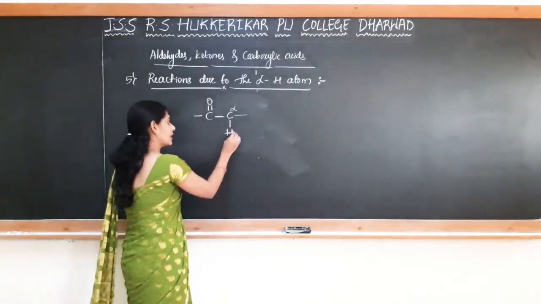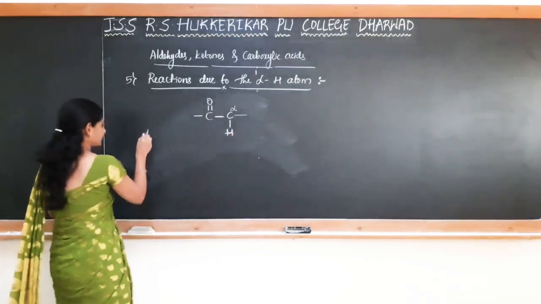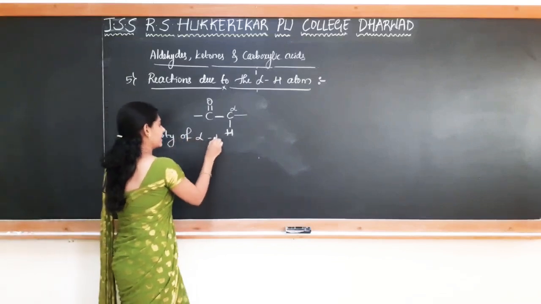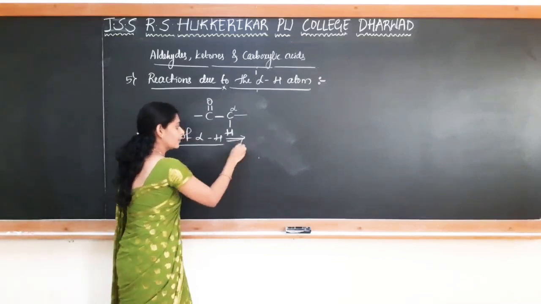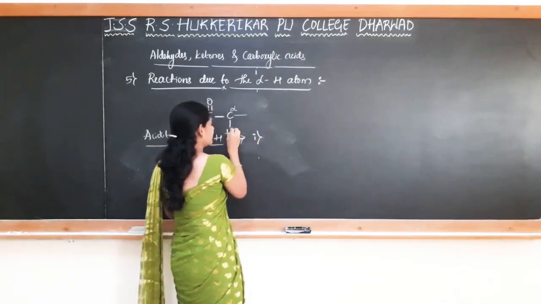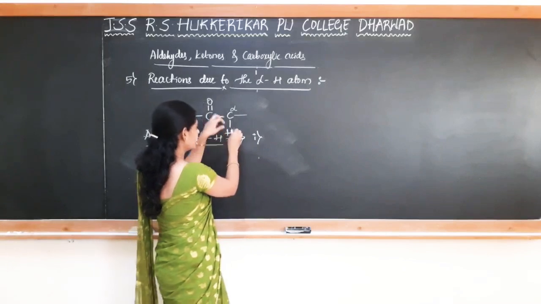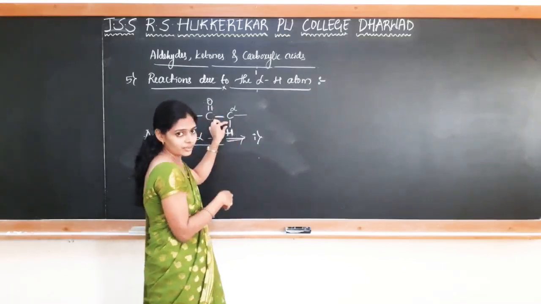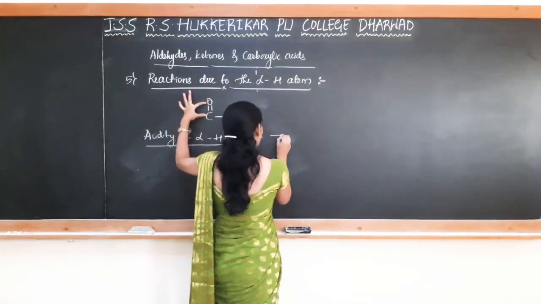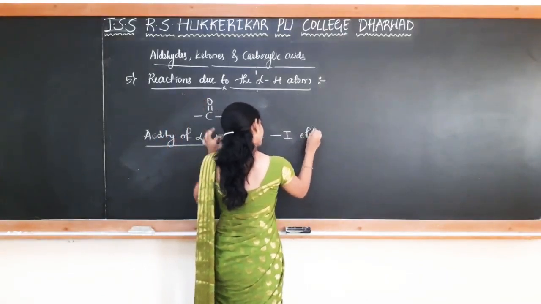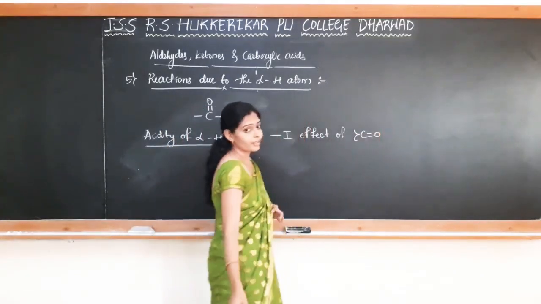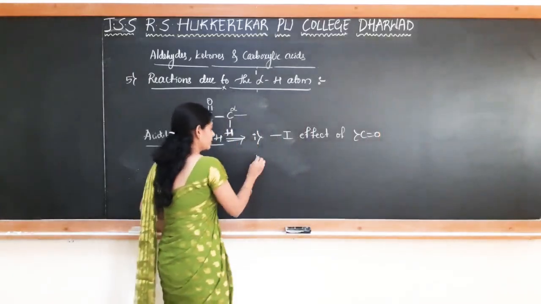So why this hydrogen is acidic? So acidity of alpha hydrogen is explained on the basis of two things. One is this alpha hydrogen is easily abstracted by the base, and that is because of the minus I effect, the negative inductive effect of carbonyl group.